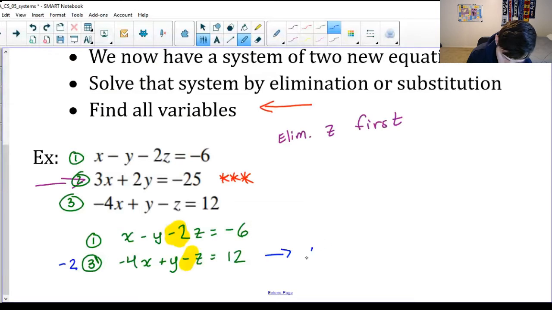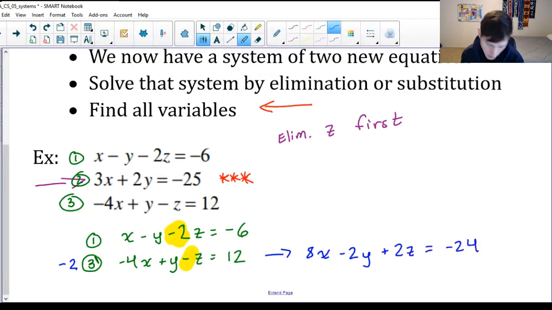-2 times -4, so that's 8x. -2 times y, -2y. -2 times -z, plus 2z. -2 times 12, -24. And then the first equation, I don't need to change at all. x minus y minus 2z equals -6.